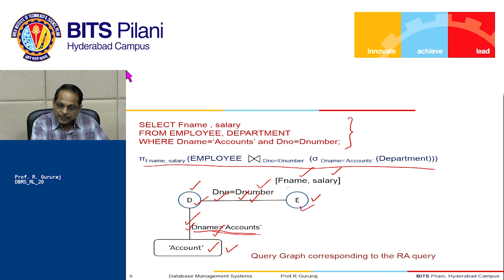Hence, I am representing this list of attributes that need to be shown in the result in square brackets, which is written exactly above the circle which represents the relation employee table, that is E. And this is known as the query graph, and it never indicates the sequencing or ordering of operations. That is one drawback. Hence, many optimizers prefer query trees to these query graphs.